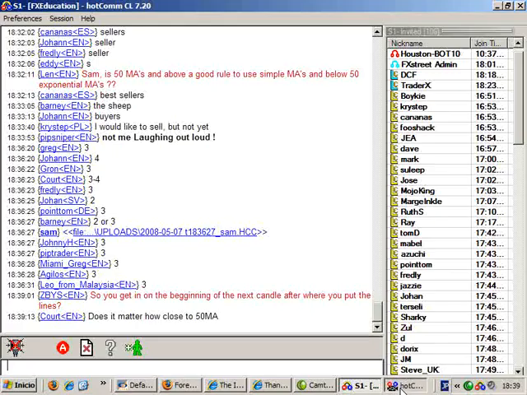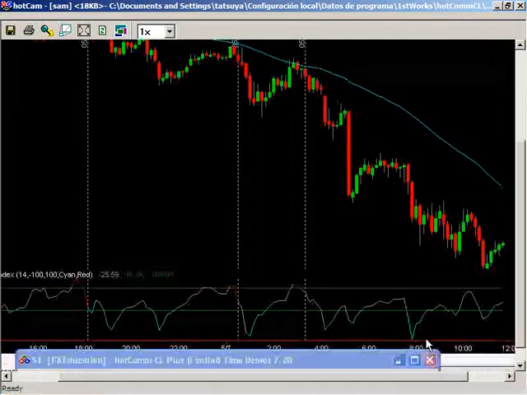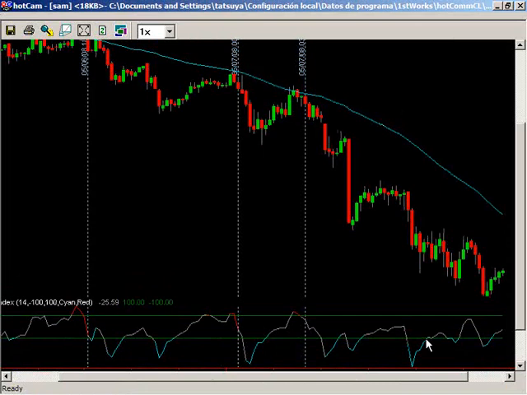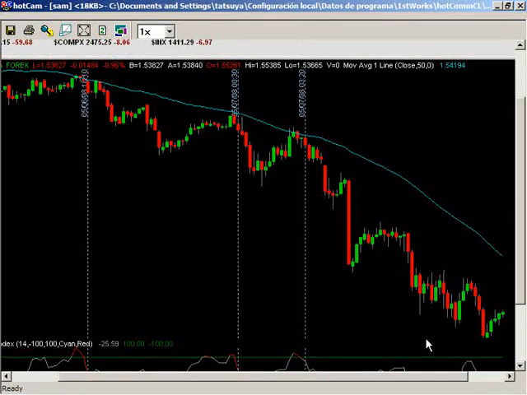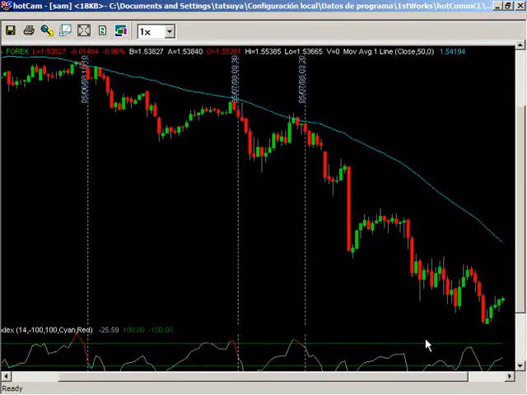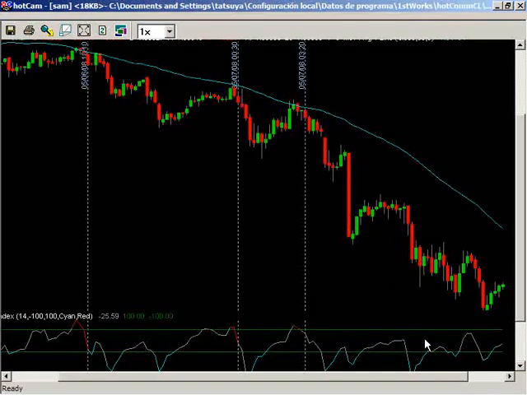I'll pull up a bigger time frame chart for you. And remember, what we're talking about now is a way to get involved in trends that are underway already.